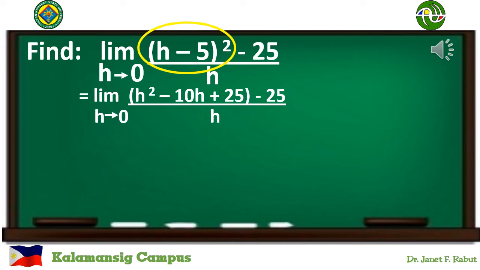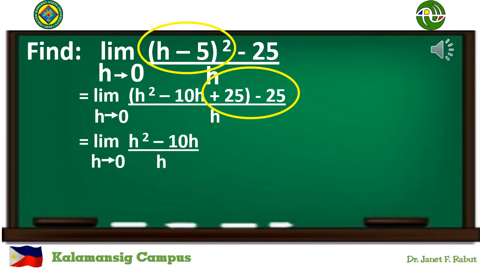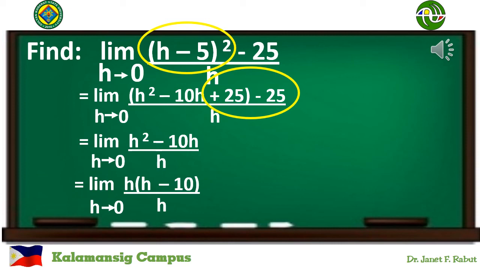Since positive 25 minus 25 is 0, what is left is h squared minus 10h over h. Next, h squared minus 10h has a common factor, which is h. Therefore, we are going to factor out h. Then what is left in the parentheses is h minus 10 over h. Now, we can cancel h.